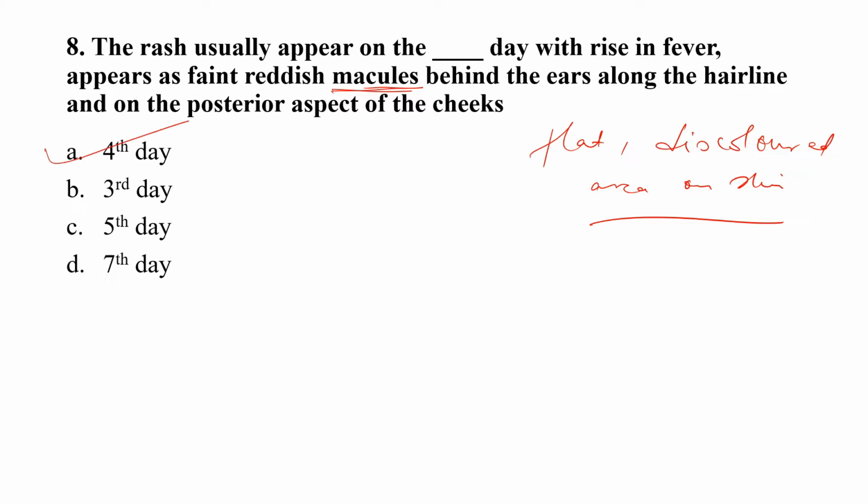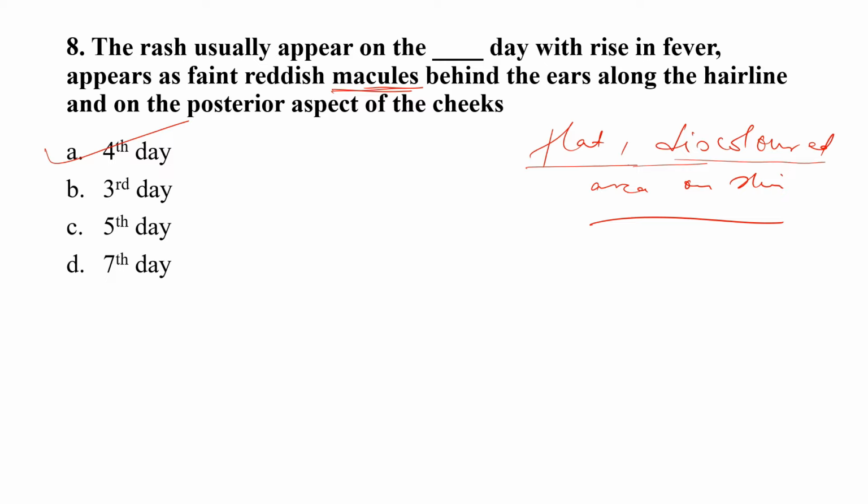The rash will appear on the 4th day with rise in fever and will appear as faint reddish macules that will be flat and discolored, in the sense it will be a red area on the skin behind the ears, along the hairline, and on the posterior aspect of the cheeks.